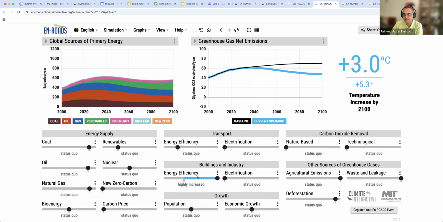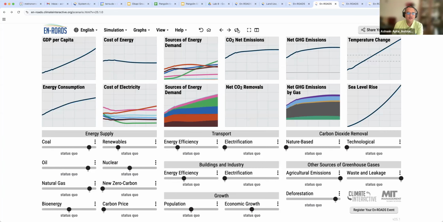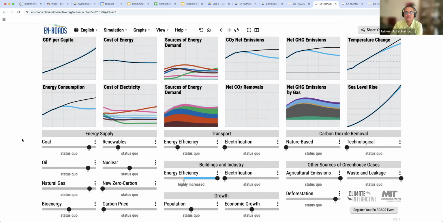Why do you think this is happening? You're using less energy to do the same things. Exactly right. So if you look at these graphs, and I'll replay the change, look at energy consumption up on the left. So we're drastically impacting how much total energy we use, which by itself is very powerful.